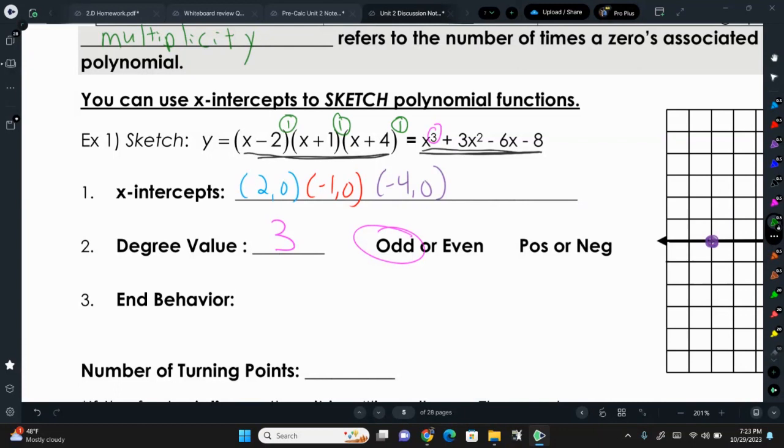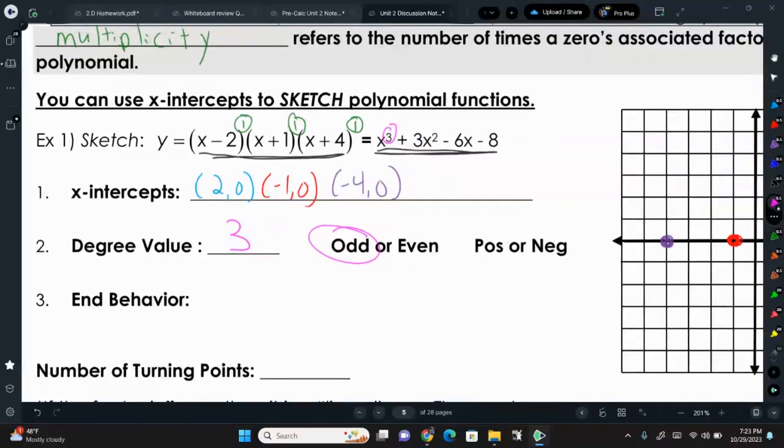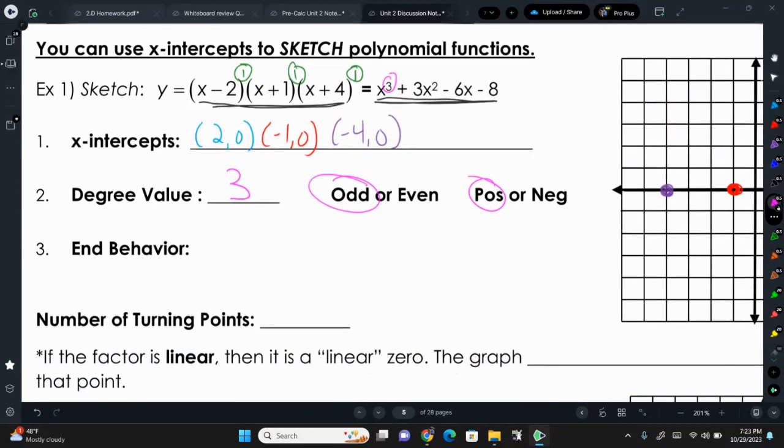So in factored form, we add the exponents to get our degree, but in standard form, it's just the highest one. Our leading coefficient is positive because there's no number in front. So an odd degree and a positive leading coefficient means as x approaches -infinity, y approaches -infinity, and as x approaches positive infinity, y approaches positive infinity.